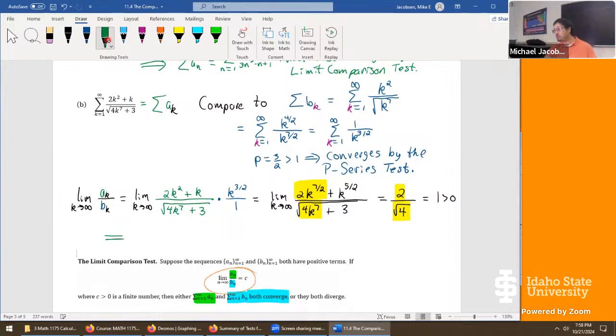So here's our conclusion. This implies the summation a_k, which is the summation as k goes from 1 to infinity of 2k squared plus k over the root of 4k to the power 7 plus 3, must also converge by, you could say, the limit comparison test, but sometimes what people say is by limit comparison.